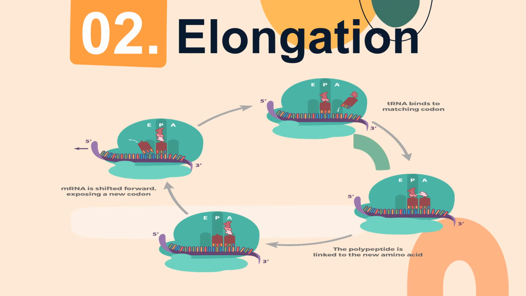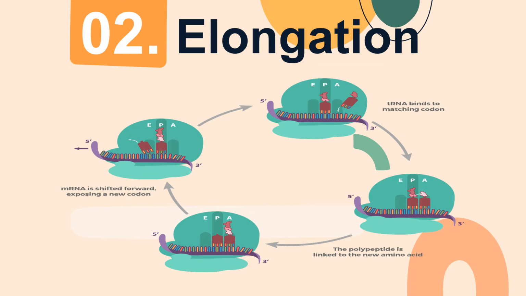To summarize the stage of elongation, first, the anticodon of an incoming tRNA pairs with the mRNA codon exposed in the A site. Next, a peptide bond is formed between the new amino acid in the A site and the previously added amino acid in the P site, transferring the polypeptide from the P site to the A site.